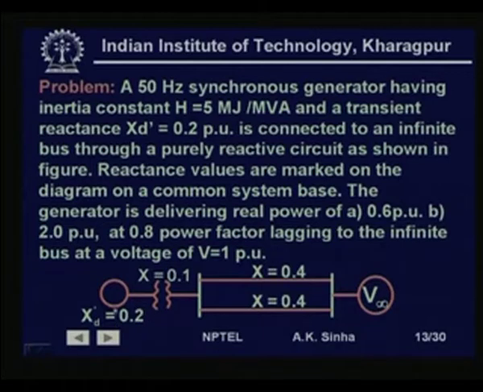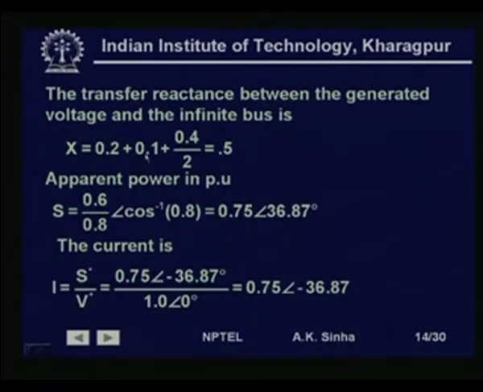That is 0.2 plus 0.1 plus 0.4 by 2, that is 0.5 per unit. Since we are writing reactance, I have not written j here, otherwise you can write this j because the angle of this is always 90 degrees, it is an inductance.